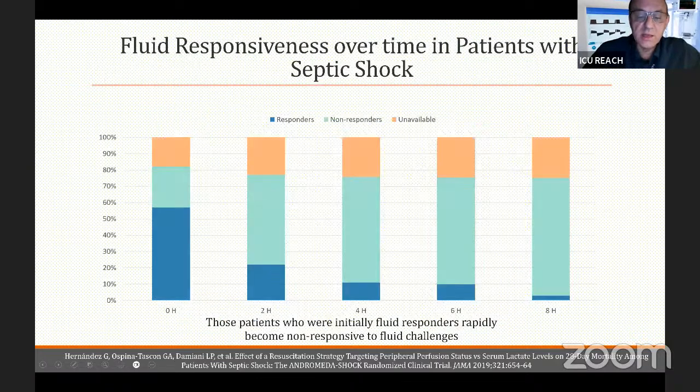And the third thing is that those patients who were initially fluid responsive may not stay fluid responsive within a few hours in the intensive care unit. So you can see here within the first 1 hour, we had 57% of patients with septic shock who were fluid responsive. And within 2 hours, this percentage went down to 20%.